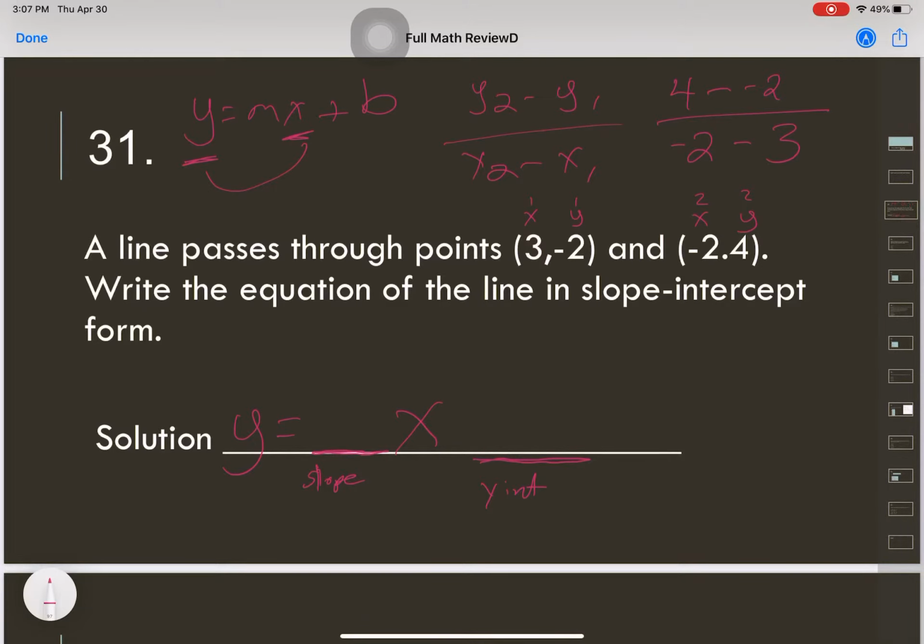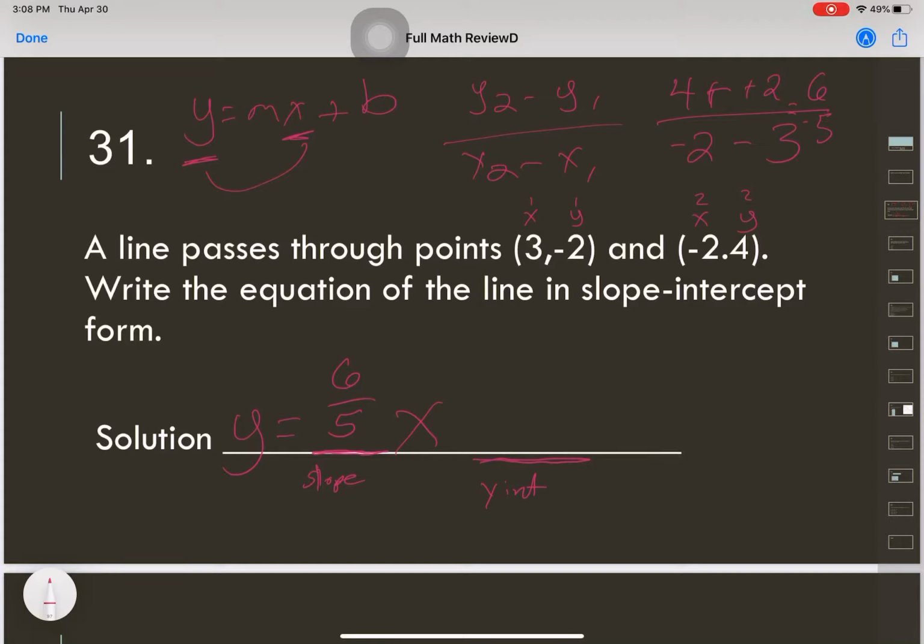So 4 minus a -2 is actually 4 plus 2, which is 6. And -2 minus 3 is -5. So 6 over 5. So that is our slope, and you can leave it 6 over 5 for the sake of this one.